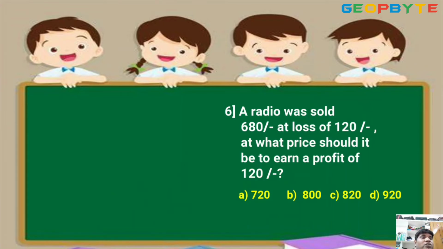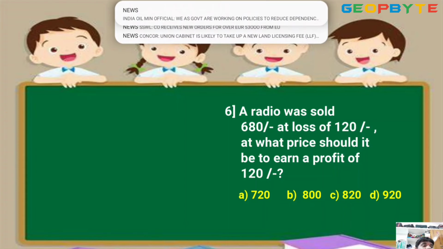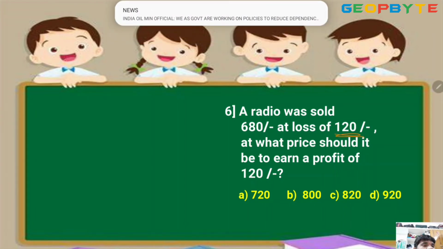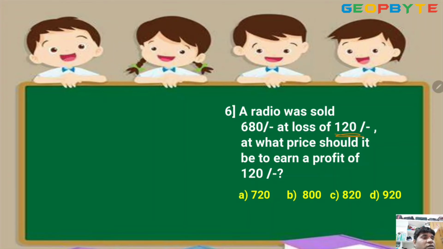A radio was sold at 680 at a loss of 120. At what price should it be sold to earn a profit of 120? At present the selling price is 680. He lost 120, so this 120 is added.